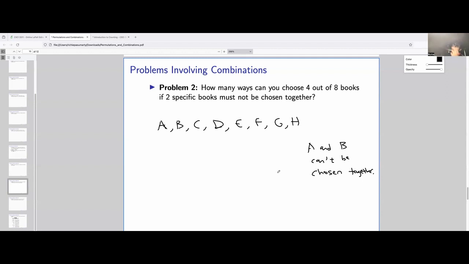So maybe an easier way to work with this problem is through an approach called complementary counting.